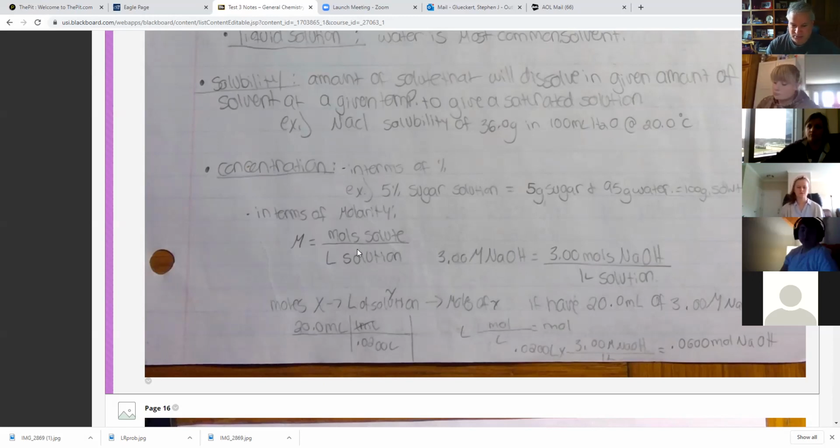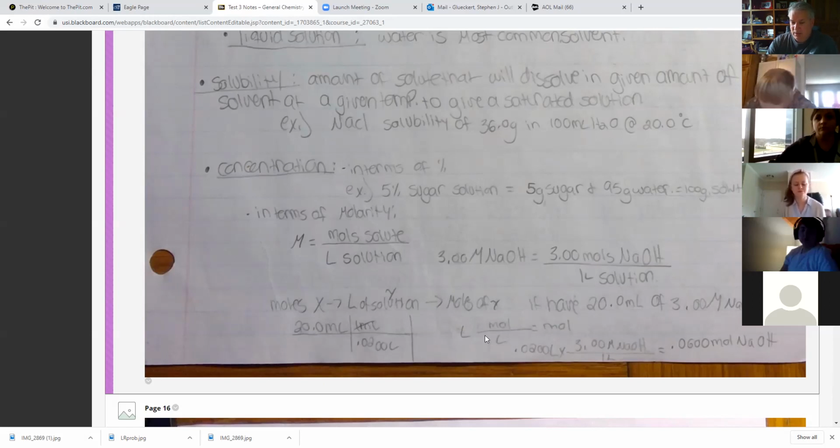Okay. So what I want you to do in terms of these problems is think about it. Molarity is moles per liter. If I take moles per liter and multiply by volume in liters, I'm going to get moles. Okay. So think of molarity as a conversion factor. Again, it allows you to go from moles to liters or liters to moles. If I have my volume in liters and my molarity, I can get moles.